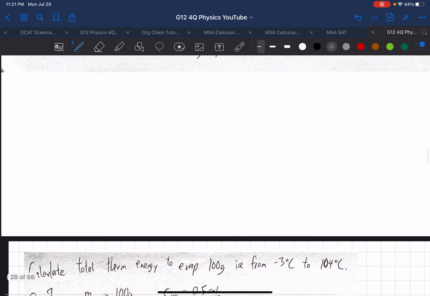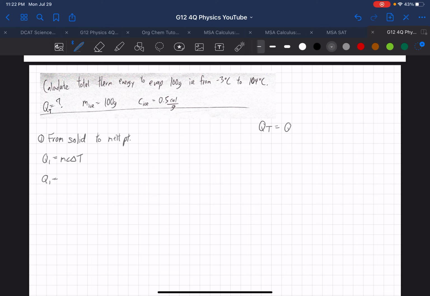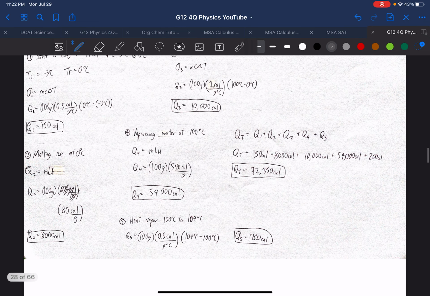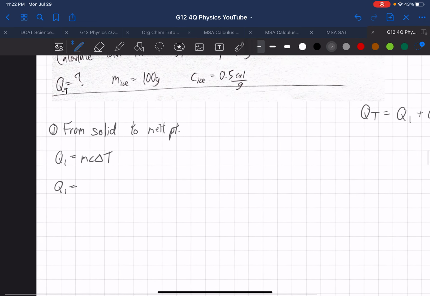So we'll label our energy as Q1. Basically, in the end, we have something called Q total. You find the sum of all of the Q's that we will be computing. I think for this scenario, we have 5. Do we? Yeah, 5 Q's.